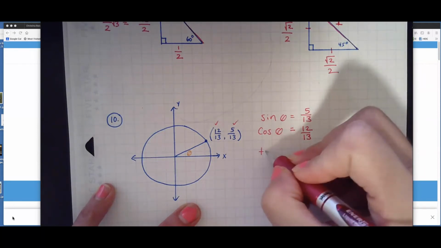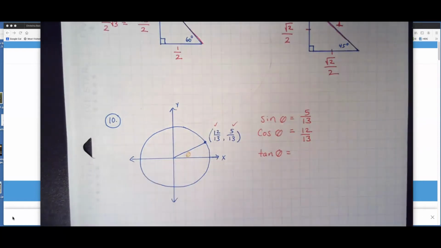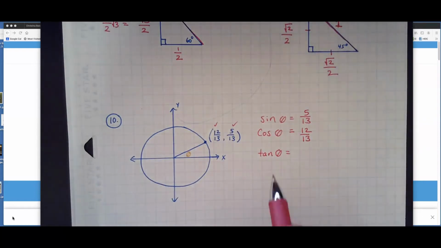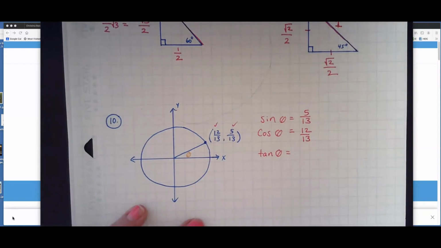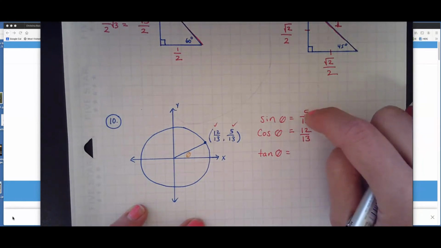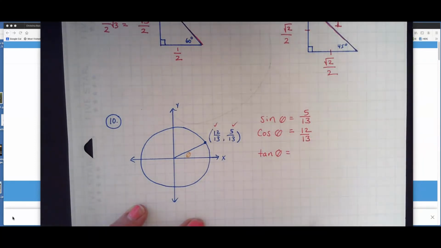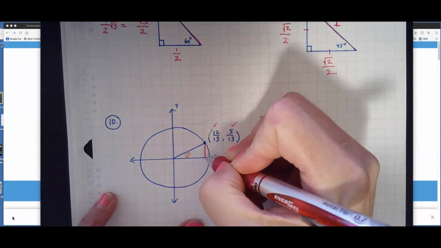Now we're going to do tangent of theta. If you watched the Khan video when he did SOHCAHTOA, tangent is just opposite over adjacent. The other way to think of that is sine over cosine. And I'm going to draw that in on the picture here.